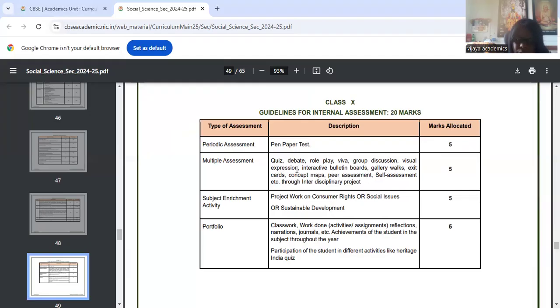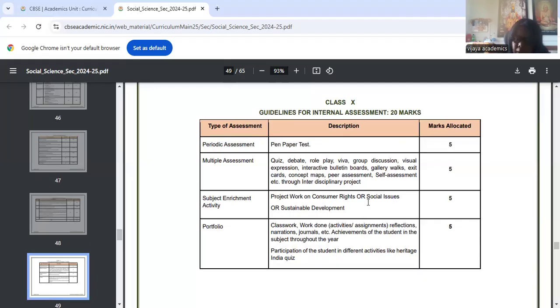Multiple assessment: quiz, debate, role play, viva, group discussion, visual expression, interactive bulletin boards, gallery walks, exit cards, concept maps, peer assessment, self-assessment, etc., through interdisciplinary project. As we have discussed during syllabus discussion, that interdisciplinary project is given.